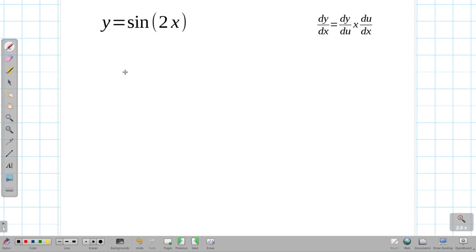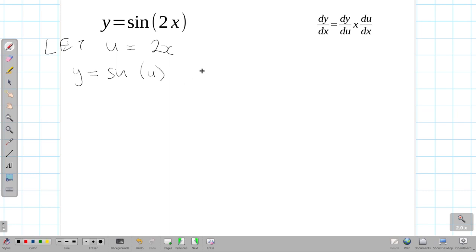So let's have a look. Let u equal the stuff inside the bracket, 2x. That now means that y now equals sine of u.